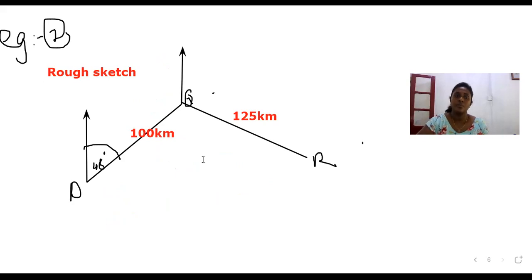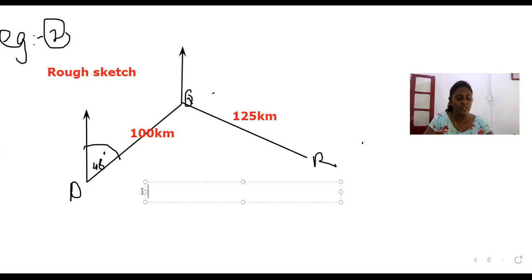So if we show 10 kilometers by 1 centimeter, we need nearly 10 centimeters, 12.5 centimeters. It's difficult to draw 10 centimeters, 12.5 centimeters even in your exercise book, no? So you have to be mindful about selecting the distances also. So 1 centimeter representing 10 kilometers is not okay for this.